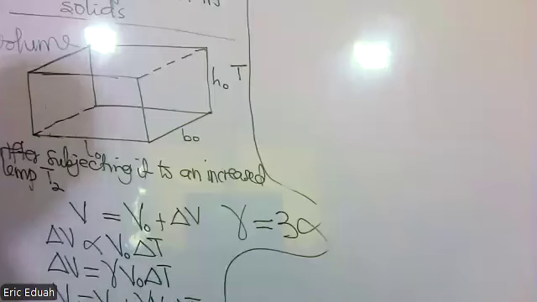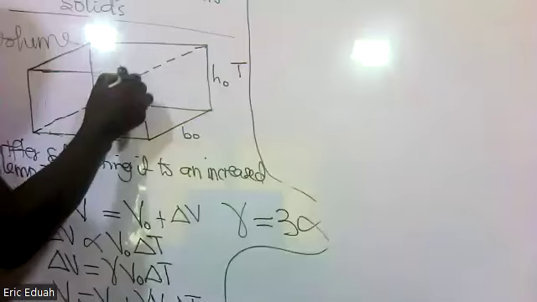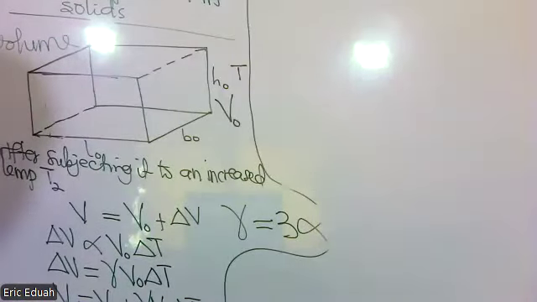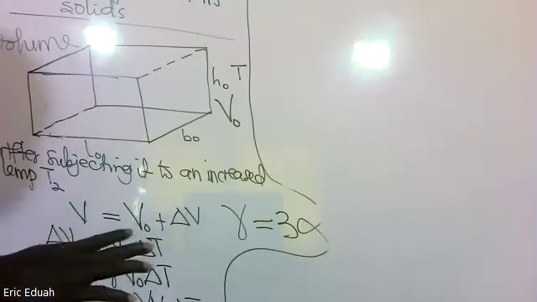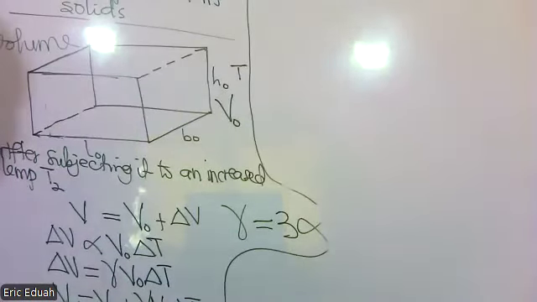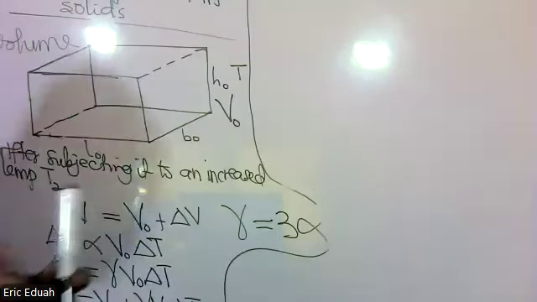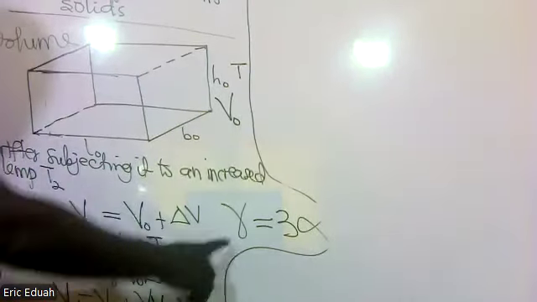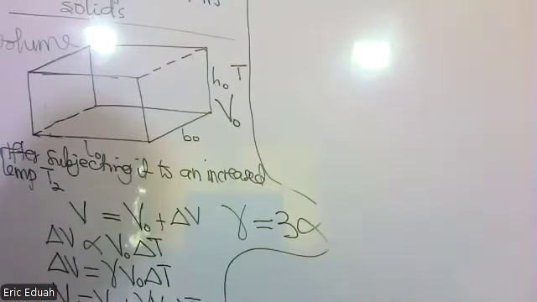Okay, and so this is the original volume, V naught, at an initial temperature T. Yes, I asked you to prove this, and in fact, a lot of you were able to kill it. Okay, a round of applause to yourselves. A lot of you did very well with this. Prove that cubic expansion is equal to 3 times the linear expansion.